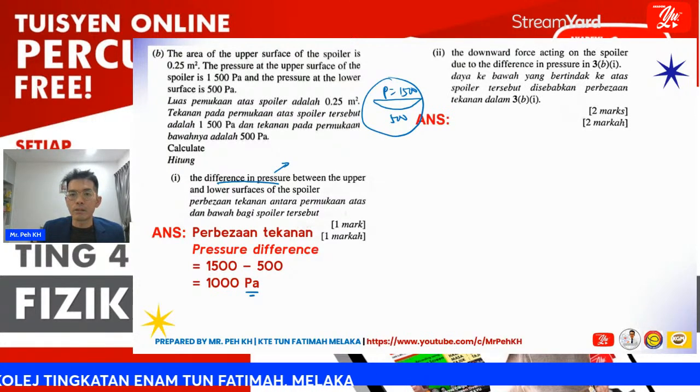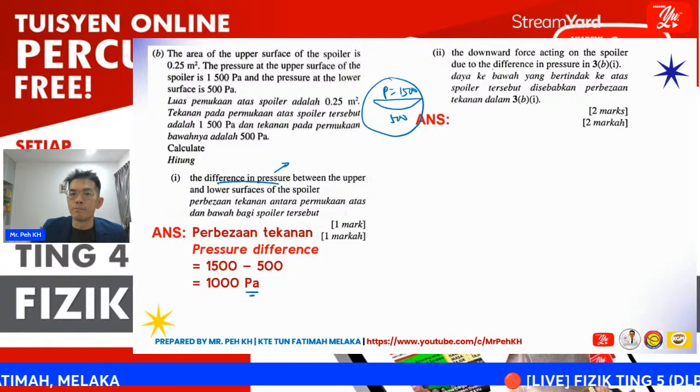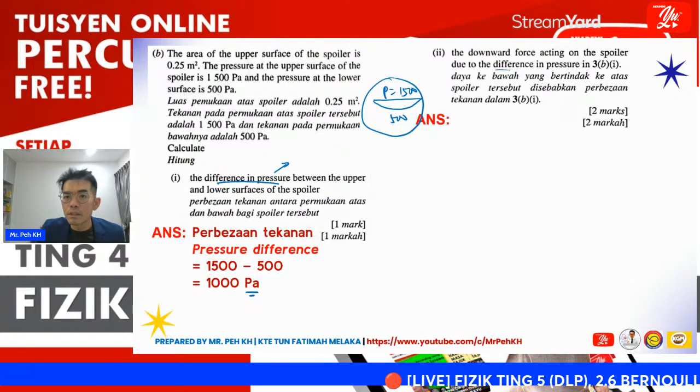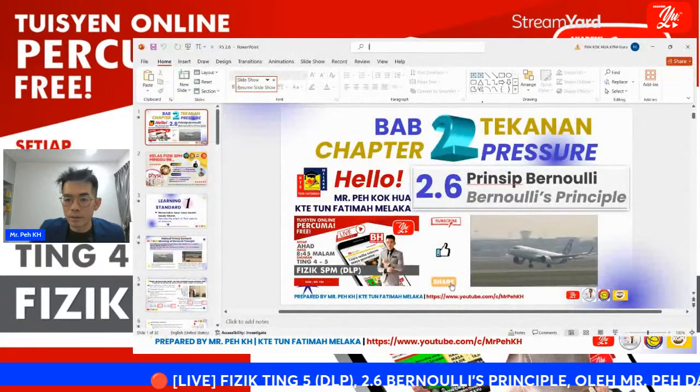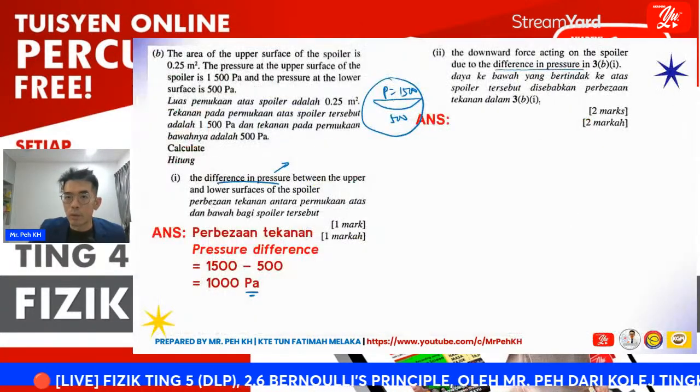The second question: the downward force acting on the spoiler due to the difference in pressure. Here we want to find the force.